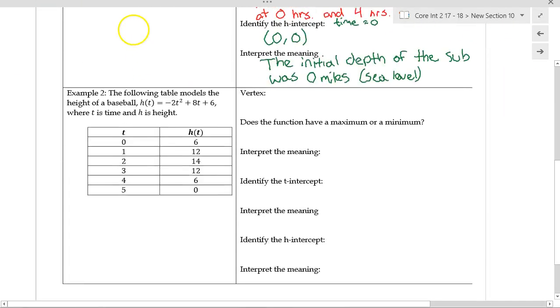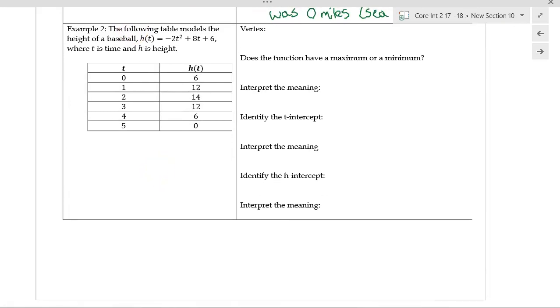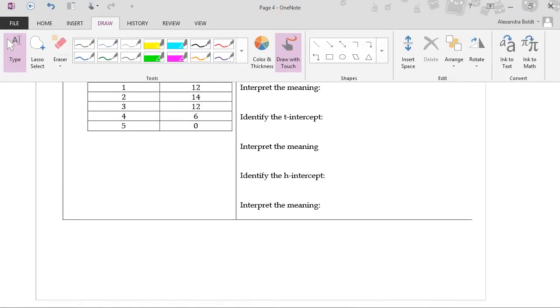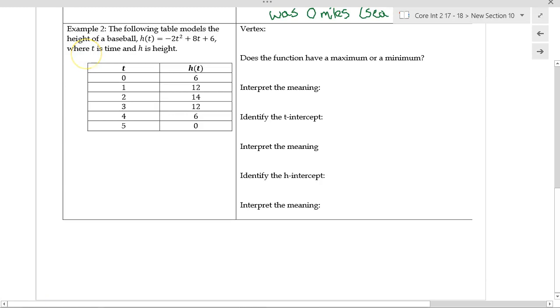Alright, let's look at our second example like this one. Again, our vertex, lowest or highest. So our lowest, and 14 is our highest. Again, we can't use our lowest because it's at the edge of the table.